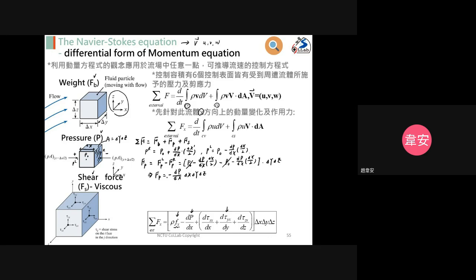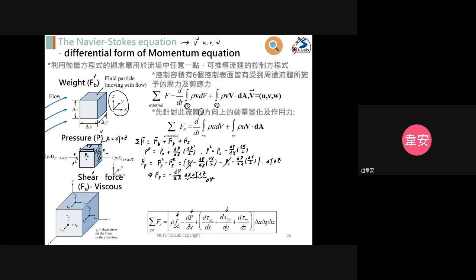So the pressure force is equal to minus the pressure gradient along x multiplied by delta x, delta y, and delta z. Here is the total volume of our fluid particle.